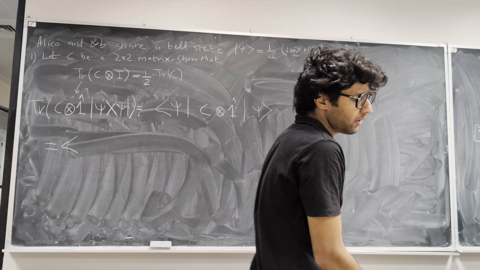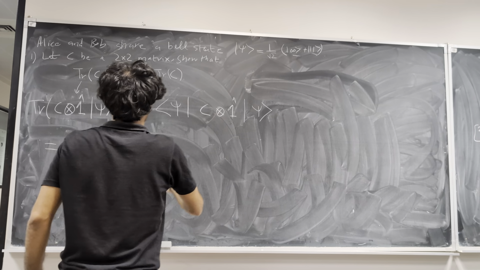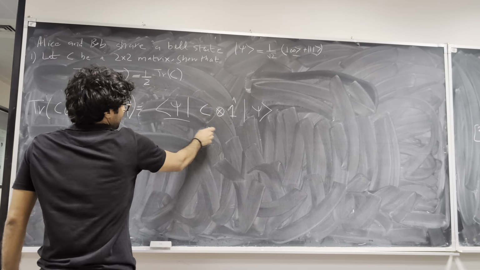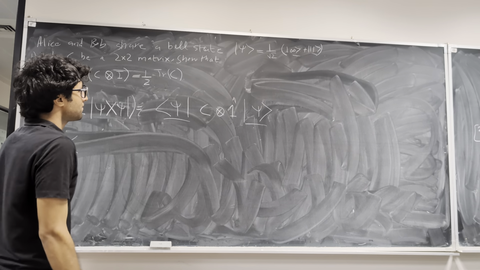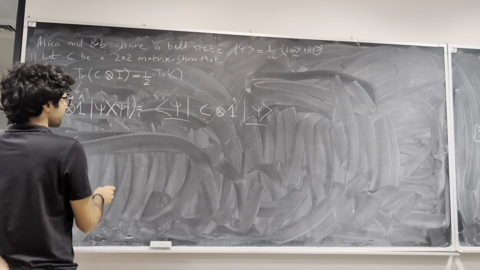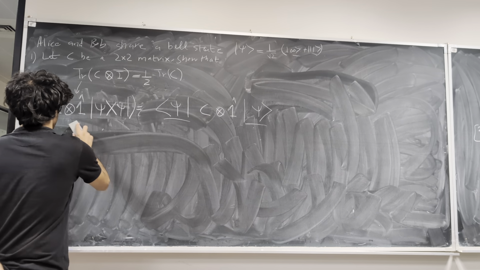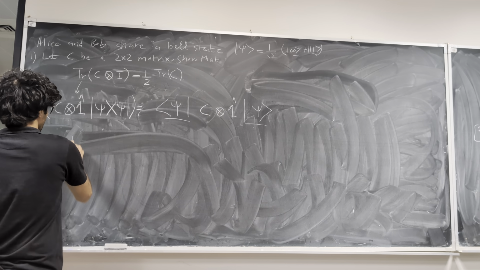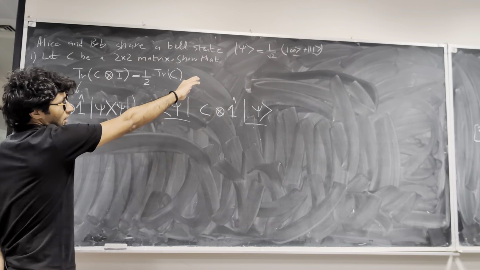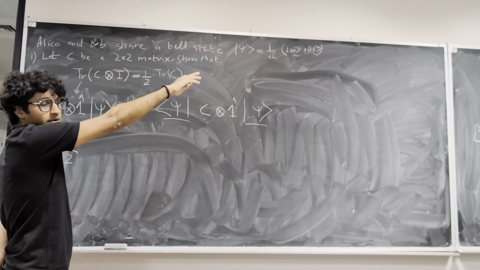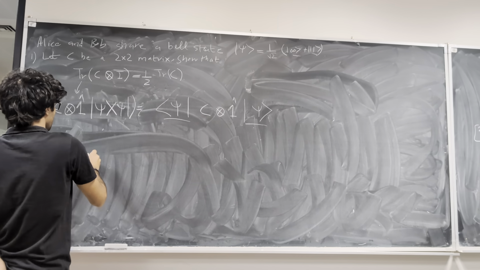Oh, okay. It's precisely correct. So now I just expand these out, right? So what do I have? 1 over 2, right? Because I have 1 over square root 2 from each side, right? So what do I get?